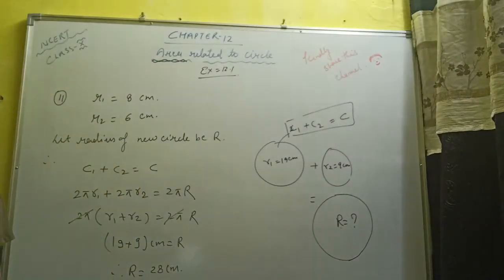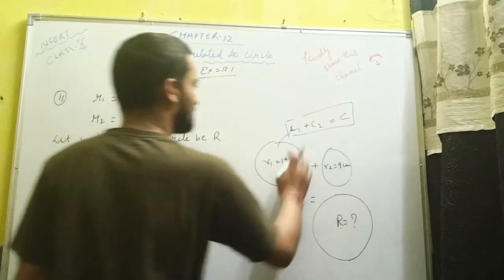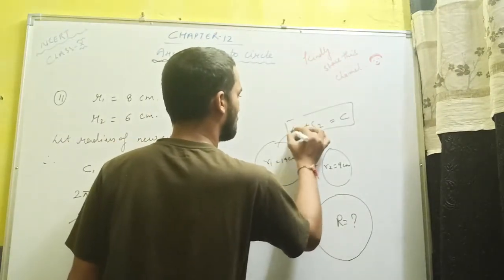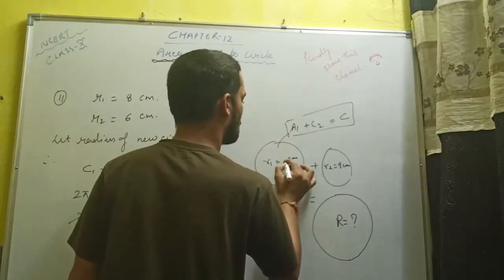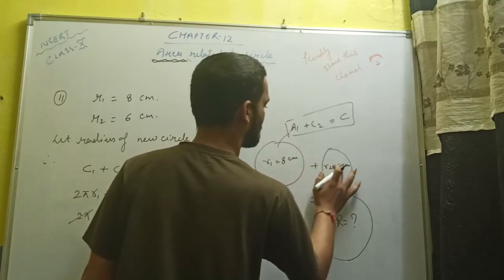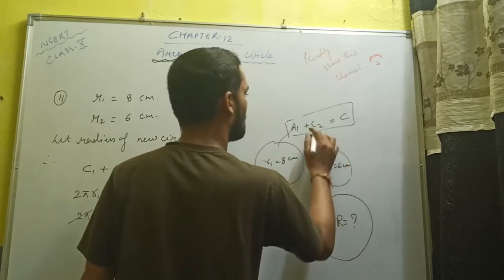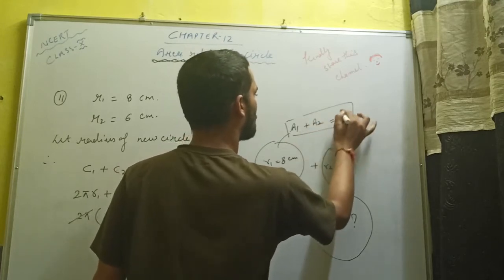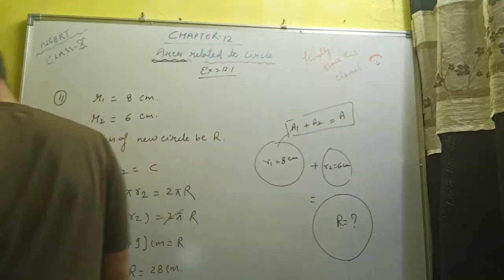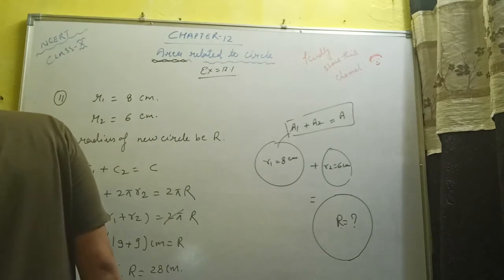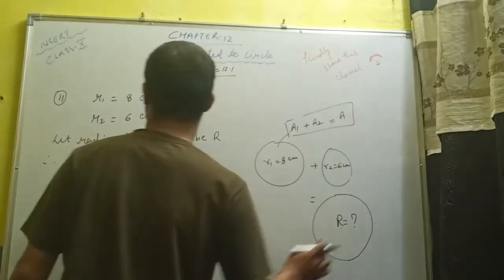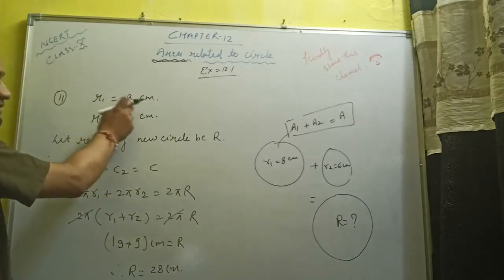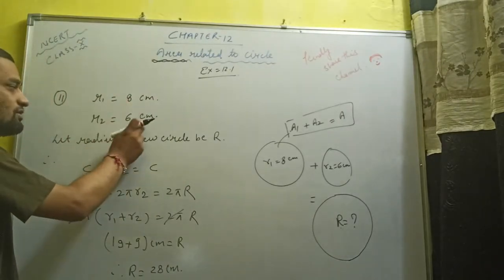Find the radius of the circle having area equal to the sum of the areas, here A1 plus A2 must be equal to capital A, and the radius of the new circle is asked. So R1 is 8 centimeter, R2 is 6 centimeter.